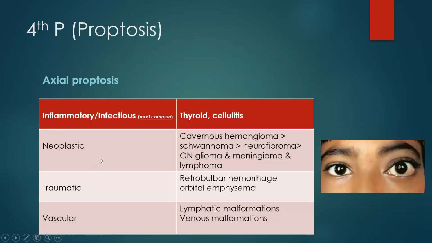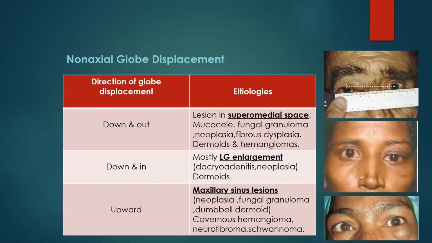The neoplastic with axial proptosis is cavernous hemangioma, schwannoma, neurofibroma, optic nerve glioma, meningioma, and lymphoma. Traumatic like retrobulbar hemorrhage and orbital emphysema. Vascular is lymphatic malformations and venous malformations.